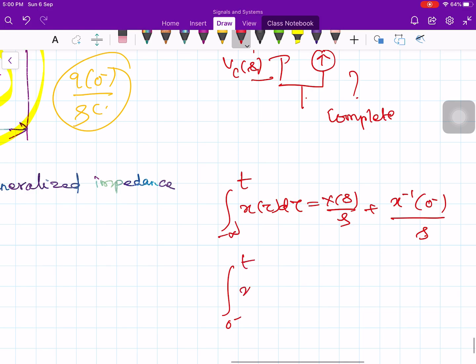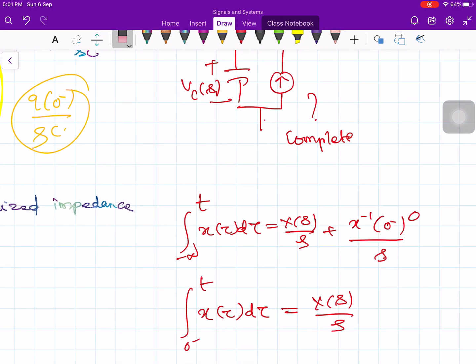That means you are neglecting this term to 0, then it becomes x of s by s. So when you have initial charges in the capacitor, then you consider the first relation, which represents the initial charge or initial voltage across the capacitor, and the second one indicates no initial voltage.